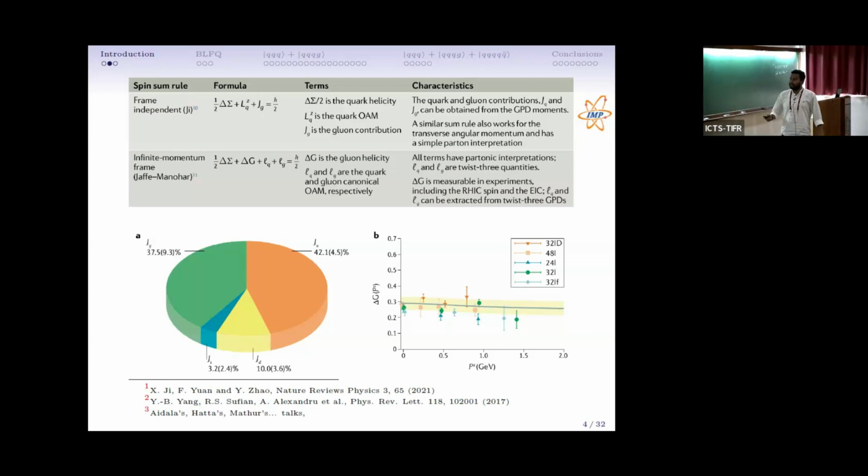From lattice calculations, we know that around 42% of the total angular momentum comes from the gluons. This is for the u quark, this is for the gluon, and this is for the d quark. The gluon spin is around 0.3 from these lattice calculations.